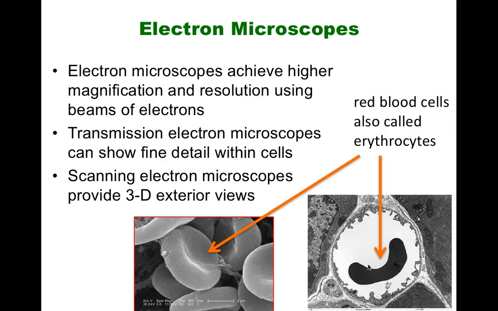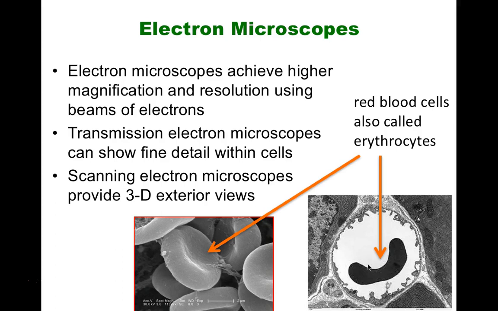We're scanning the surface of the specimen. Students often prefer to view scanning electron microscope images because they have a more three-dimensional appearance. So when we take a look at the photo of the red blood cells, also called erythrocytes, we can see the structure, the overall appearance of the erythrocyte.